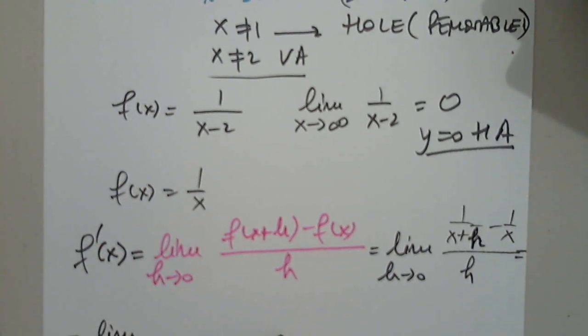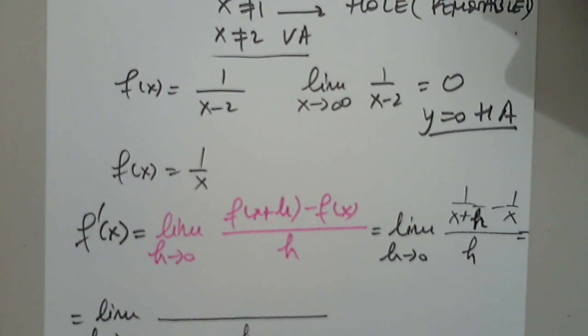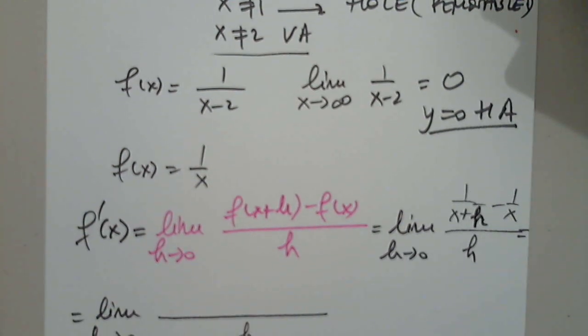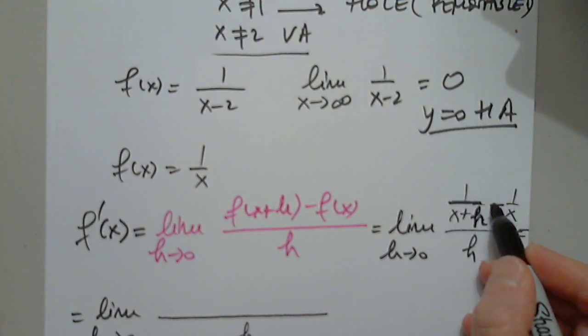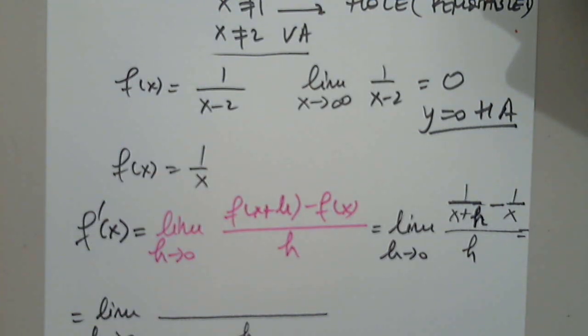What is the next step? What do I have to find next? You have to factor out h. I cannot. So this is 1 over x plus h minus 1 over x.